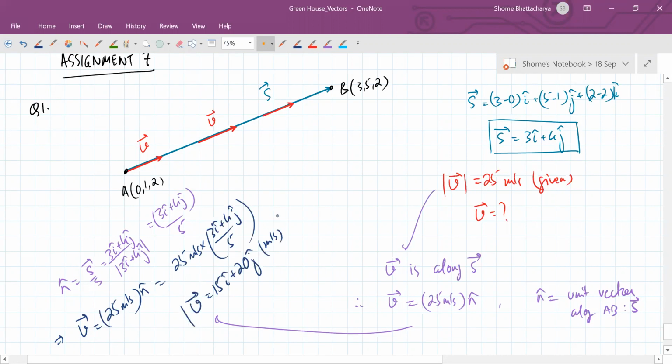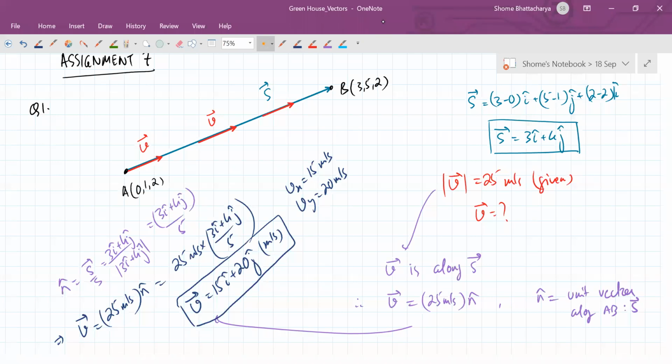So this is the velocity. From this we can also say that the velocity's x component is 15 meters per second. The velocity's y component is 20 meters per second. So this is a sort of kinematics application of this vector relation. So just make sure you write this down.